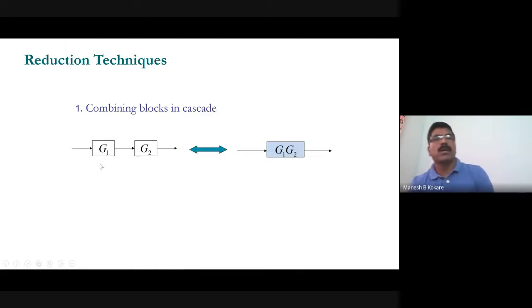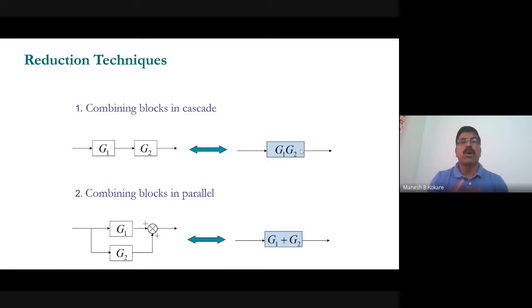The transfer function of this block is Z1, and of this block is Z2. If an nth block is also there whose transfer function is Zn, then we can combine all those blocks into a single block, and the overall transfer function will be just the product of the individual transfer functions, G1 into G2 up to Gn. So when two or more blocks are connected in cascade, they can be reduced into a single block whose transfer function is the product of the individual transfer functions. This is the first rule generally used for block diagram reduction, which is nothing but combining blocks connected in cascade or series.